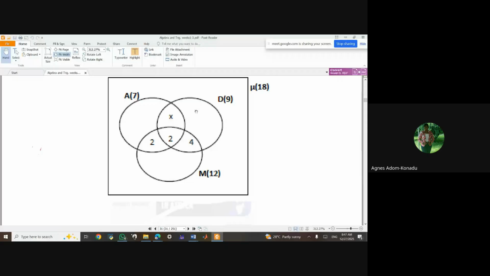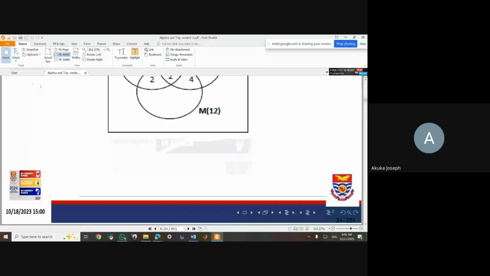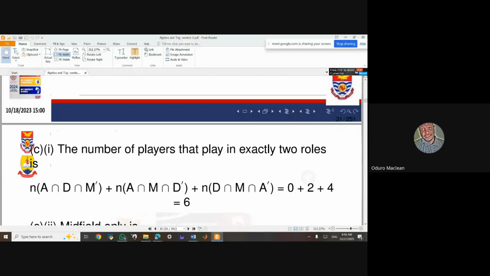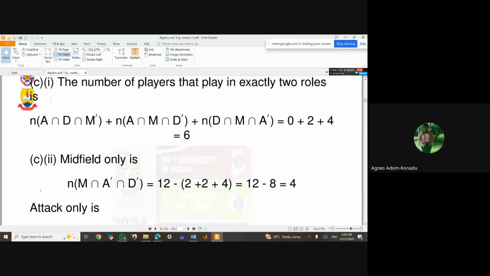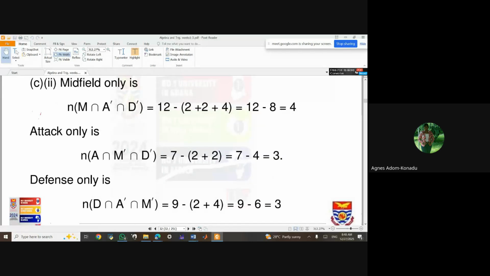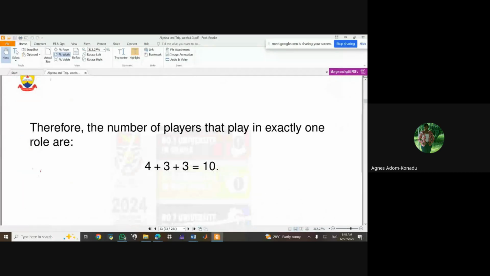D only is 3. And then M only is 4. So that would be 3 plus 3 plus 4, which is 10. Okay, so it will be 10. Good. So you clap for yourselves.